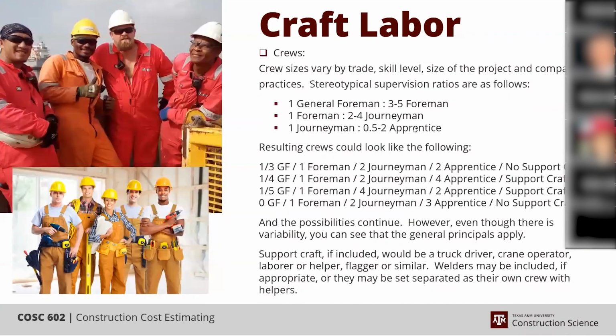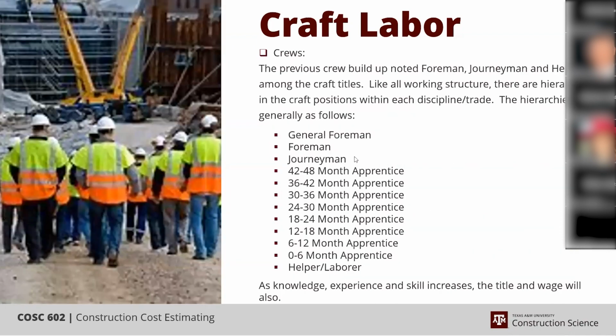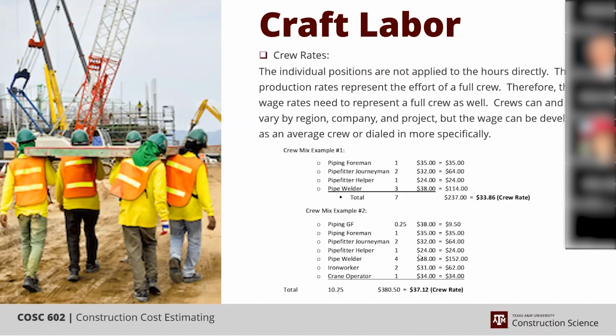So you'll get this. I'll post this out there, so I won't go too much into it. But here are some standard ratios that you'll find in our crews, and their variations, because as I was showing you here, you've got two different approaches depending upon the size and complexity of the company and what they're doing.